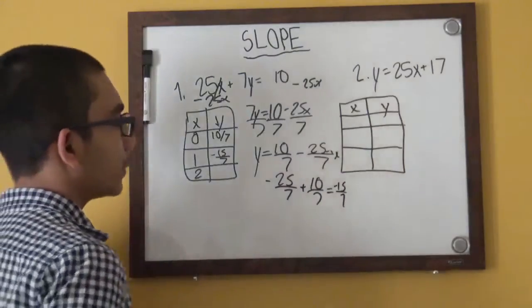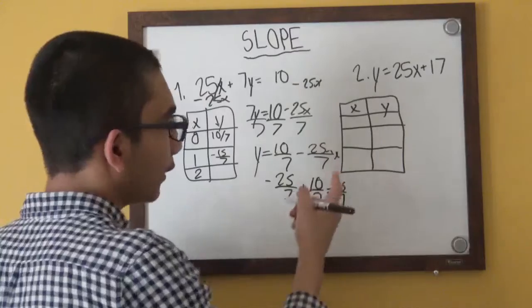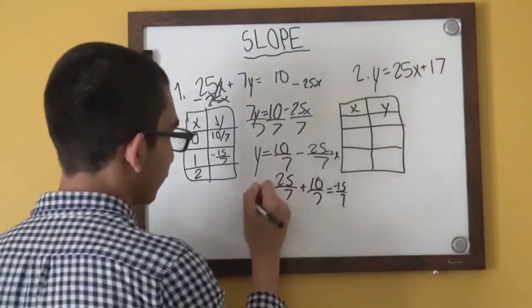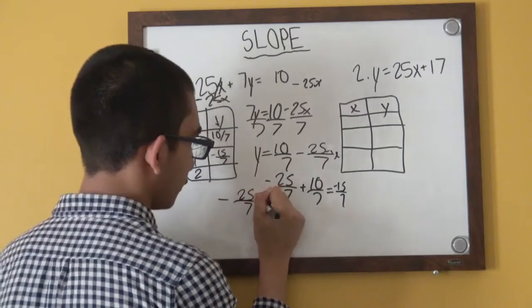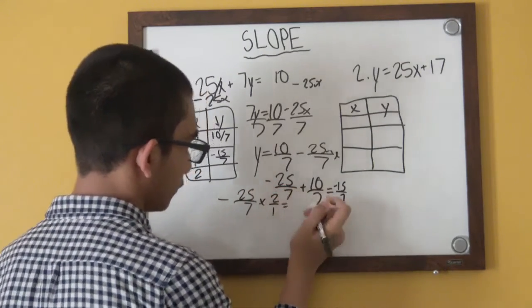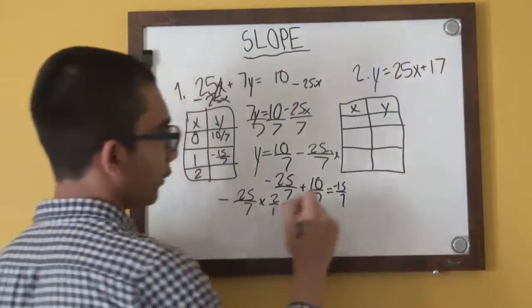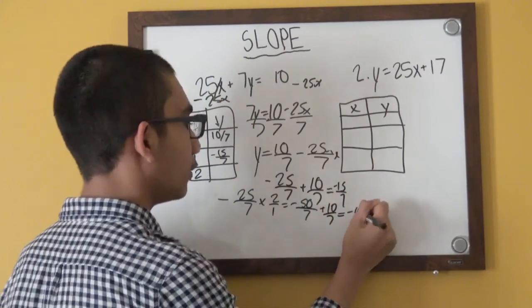Okay, now for 2, we have to multiply 25 over 7 by 2. So let's do that. Okay, now we add it by 10 over 7 and negative 40 over 7.